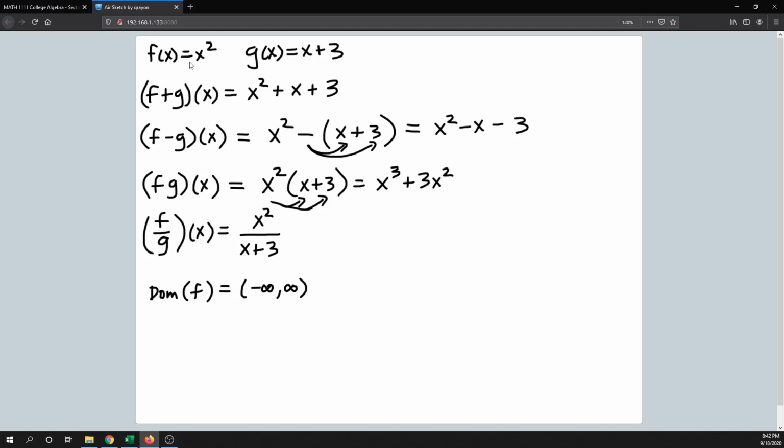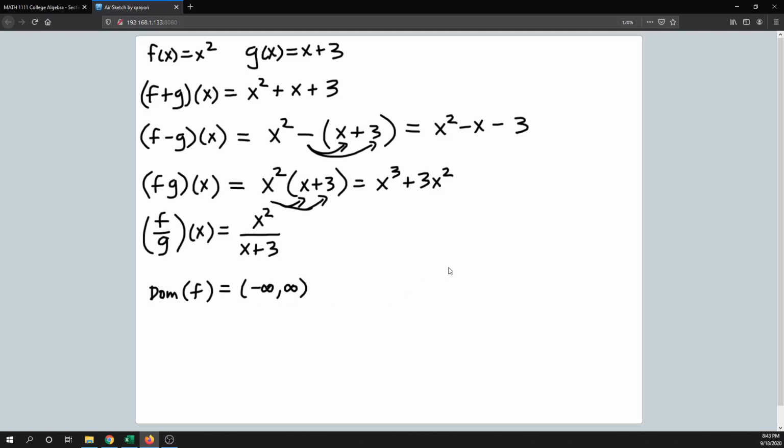Number 1, check, are there any fractions with variables in the bottom part? The answer is no for f. Then the next question you need to ask yourself is, are there any even roots, square roots, fourth roots, sixth roots in the function? Again, the answer is no for f. There's nothing here. And so therefore, at this point in the class, the domain is all real numbers.